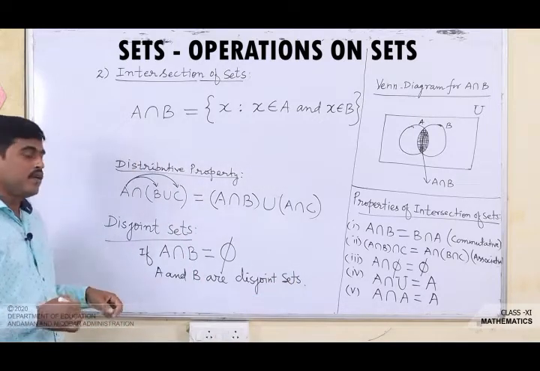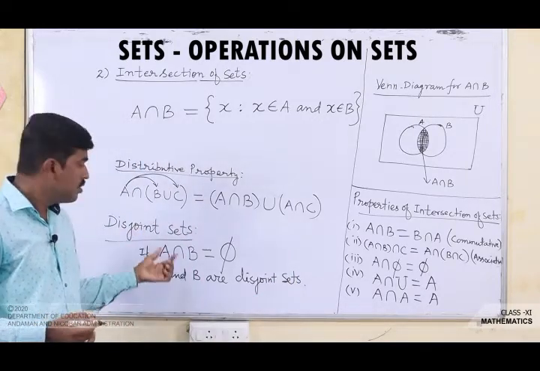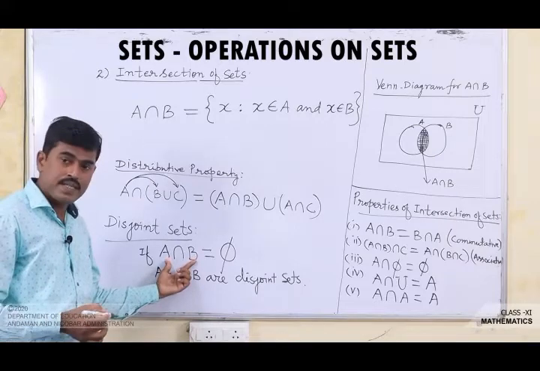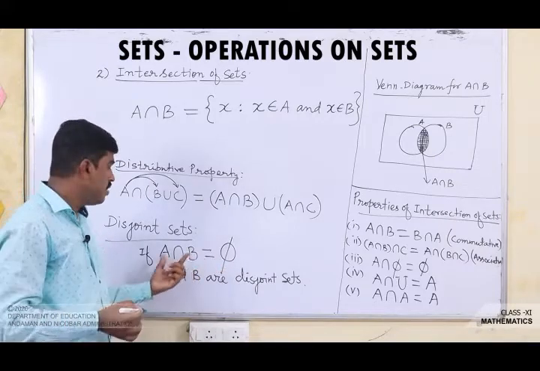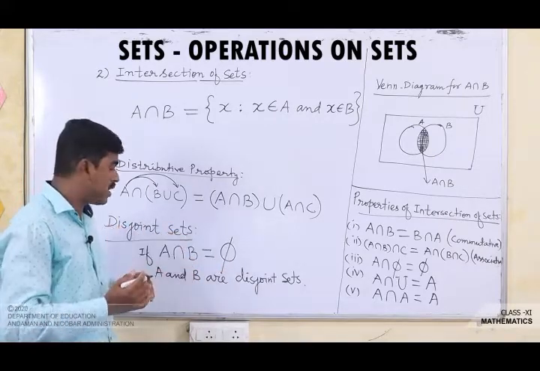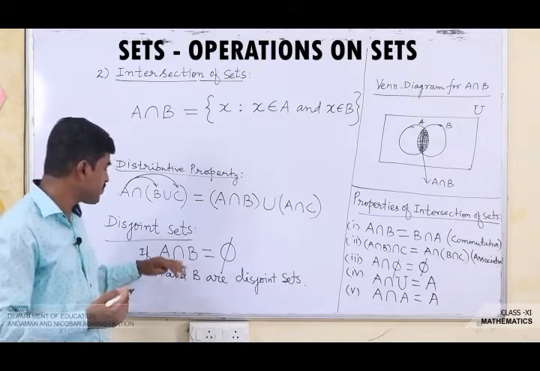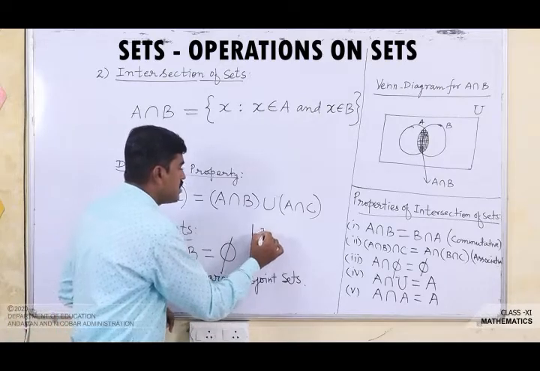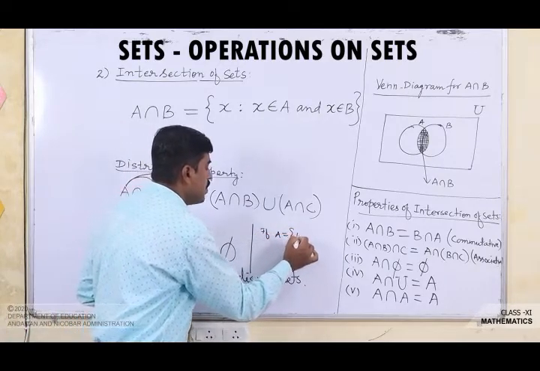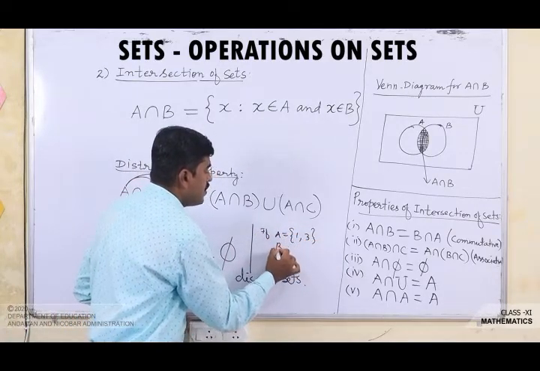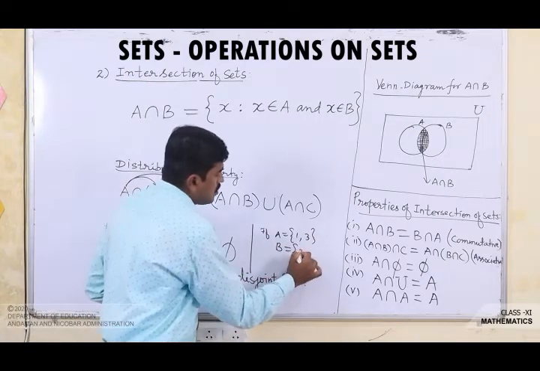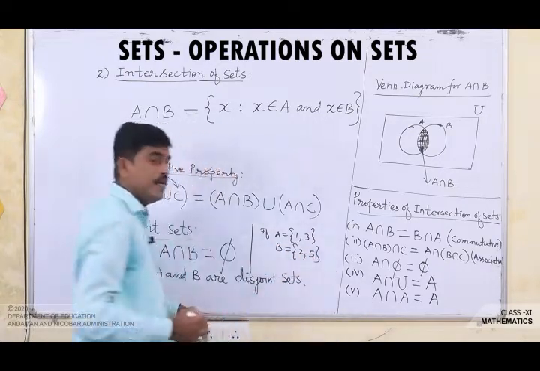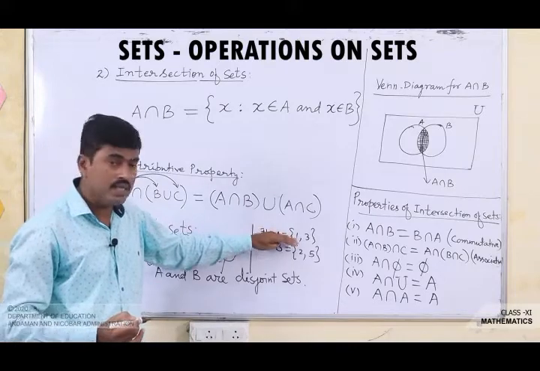That means if we draw the Venn diagram for A intersection B is equal to phi, then the circles do not intersect, as there is no common element in A and B. For example, if A is equal to {1, 3} and B is equal to {2, 5}, is there any common element in A and B?